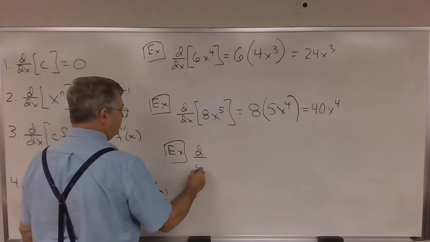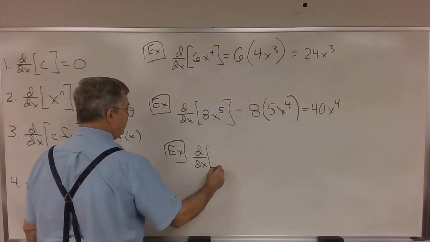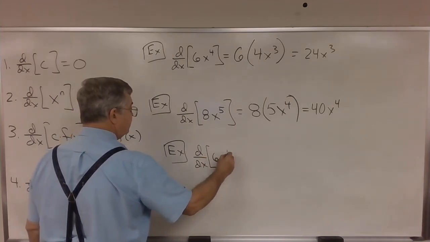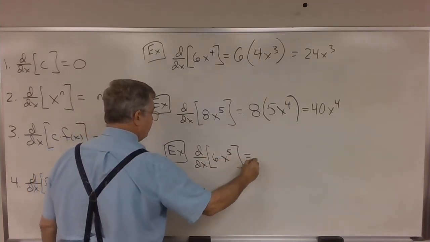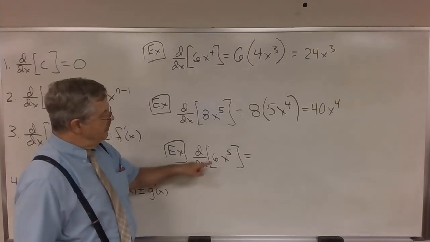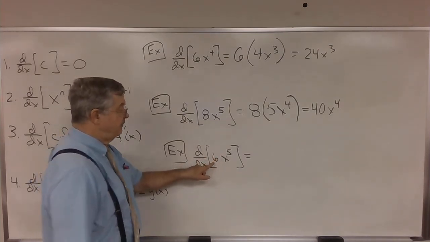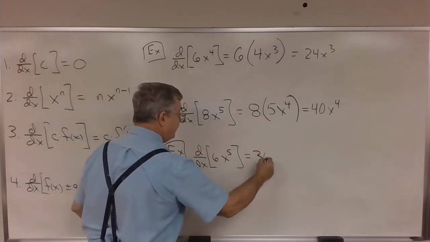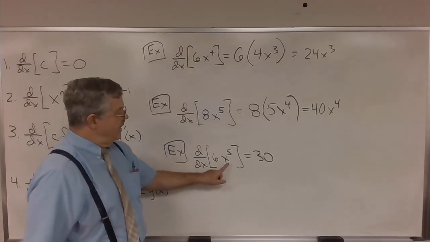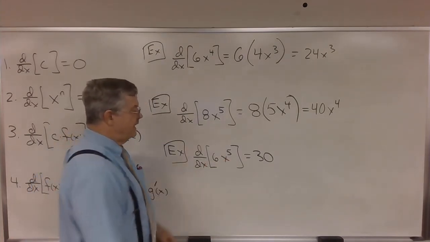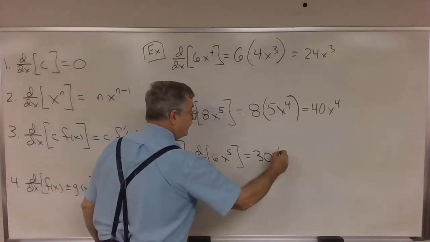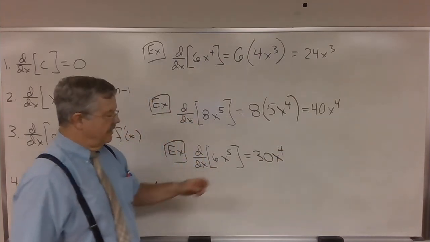Let's look at derivative of 6x to the 5th. We bring the exponent down and multiply it by the constant in front. 5 times 6 is 30. And then we subtract 1 from the exponent. 5 minus 1 is 4, and we're done.